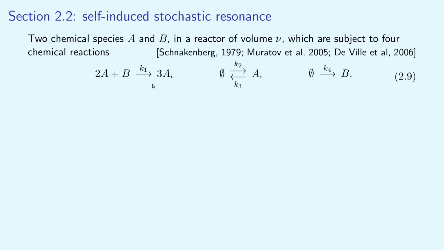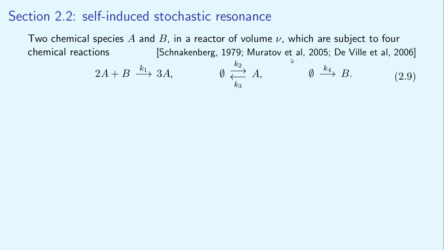Finally, we have this trimolecular reaction, where two molecules of A and one molecule of B react to produce three molecules of A. In other words, the reacting molecule of B is effectively converted into another molecule of A. In some mathematical biology literature, this system is named after Schnackenberg, who introduced it as a simple system with a limit cycle.